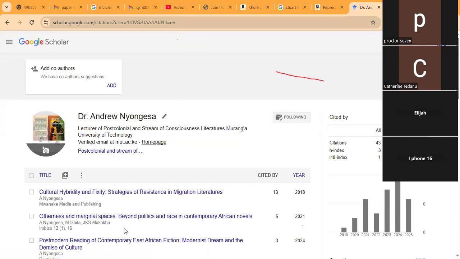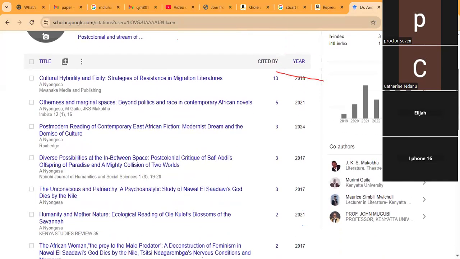We have another one here: Otherness and Marginal Spaces: Beyond Politics and Race in Contemporary African Novels. They don't have to have hidden meanings. In academic writing, we don't hide meanings like in novels and poems. We just have to write about things that reflect the content.